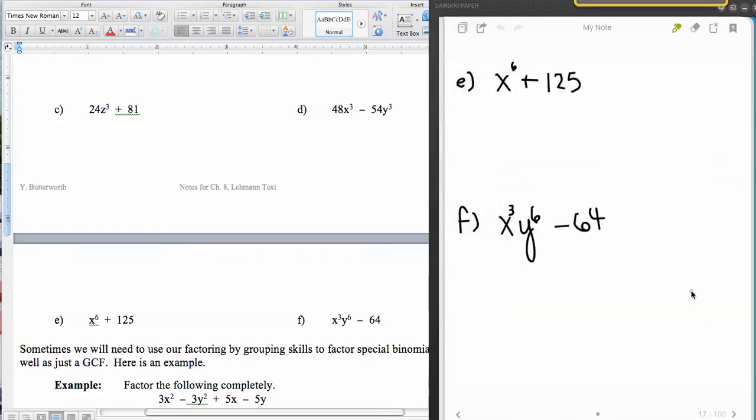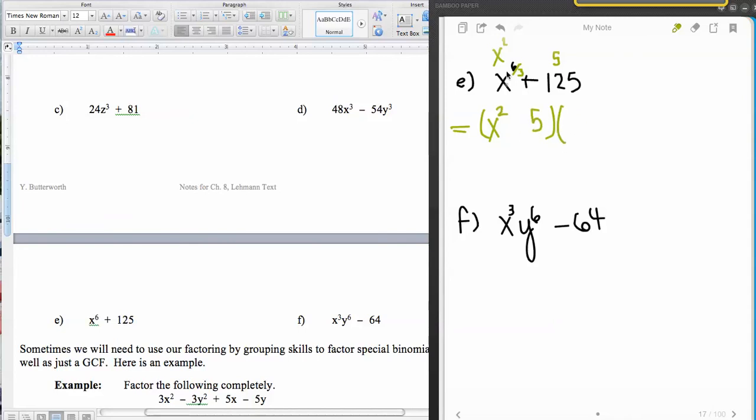All right, now our next couple here, we have those higher exponents. So we can see that this is a perfect cube because we can divide the exponent by 3. So the cube root of x to the 6th is x squared, and the cube root of 125 is 5. So we have the sum of 2 perfect cubes. And so we're going to form a binomial with those cube roots, x squared and 5.